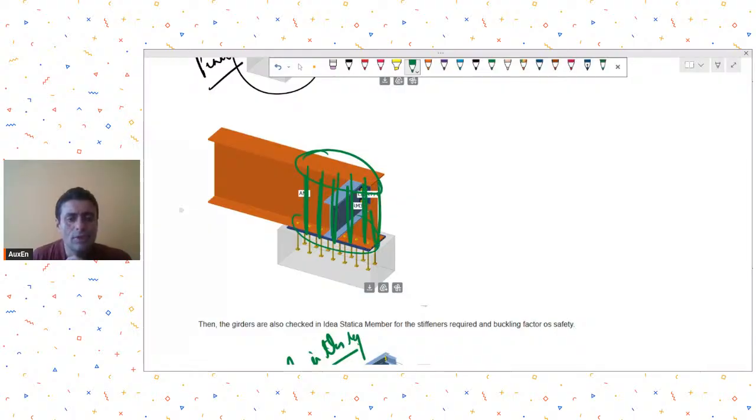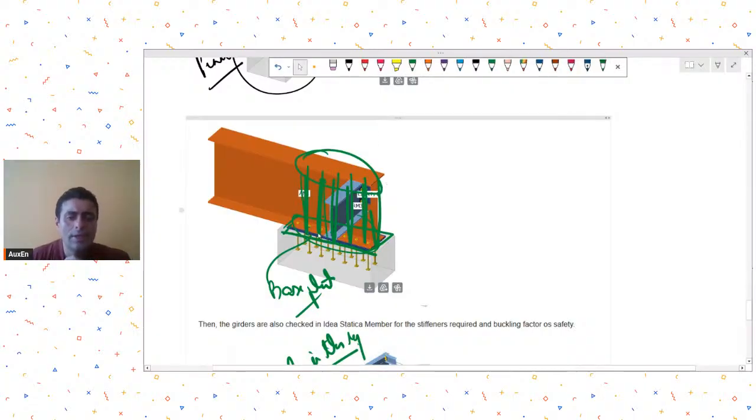Those stiffeners should be connected to the bottom base plate. Okay, and then you can try to create some rigid connection. But just think about it, creating a rigid connection between the RCC pedestal and beam in this manner will be slightly difficult for this sort of configuration.